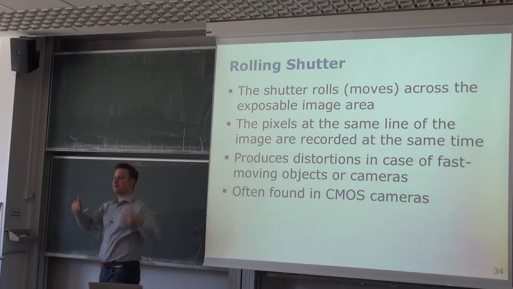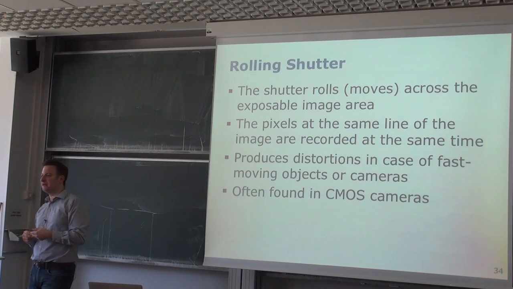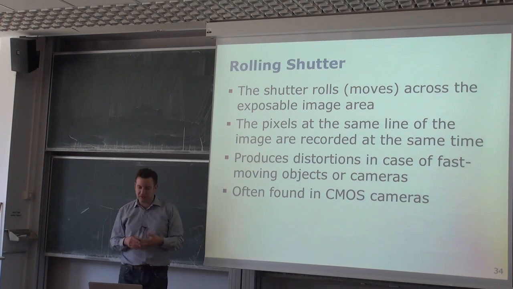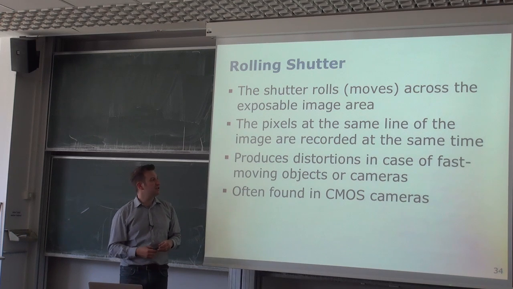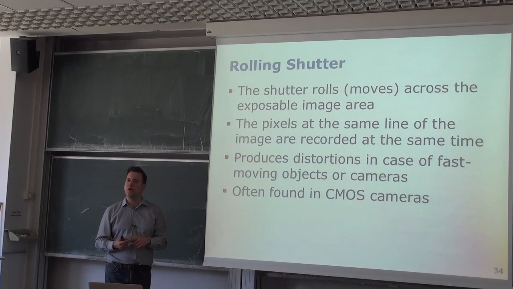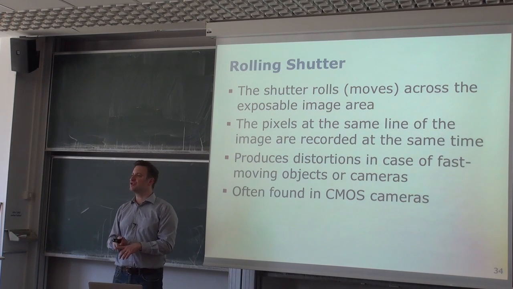Of course, this happens very fast, and if the scene is static, that's not a problem at all. But if the scene is not static, that can lead to distortion, especially of fast-moving objects, or if the lighting changes within an image very rapidly.